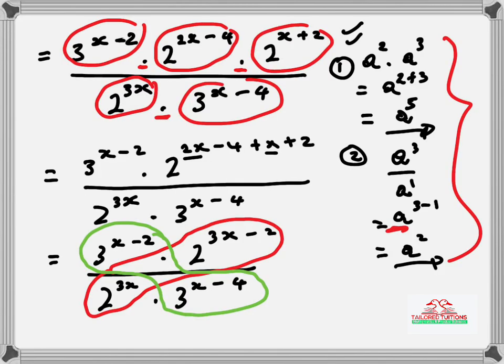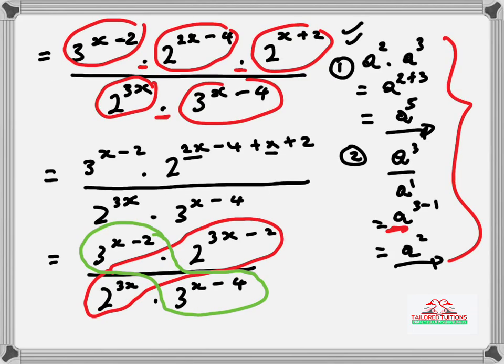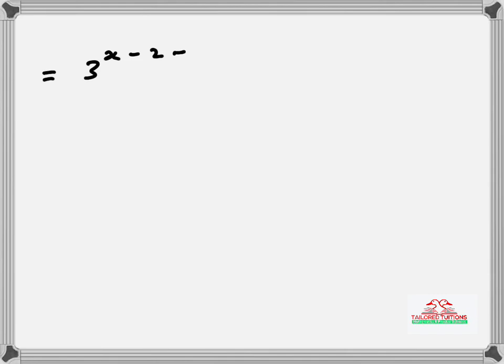So I'm going to take the one for 3 now. I'm subtracting the exponent, so it is 3 exponent x minus 2 minus, we have x minus 4, so minus into x minus 4.